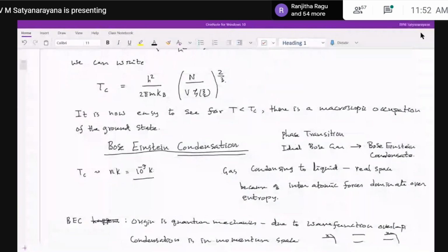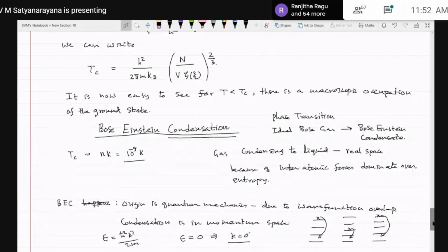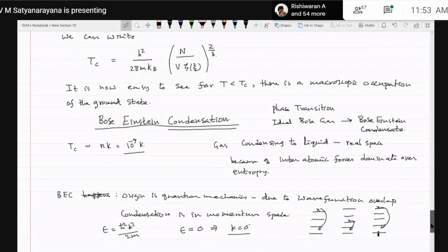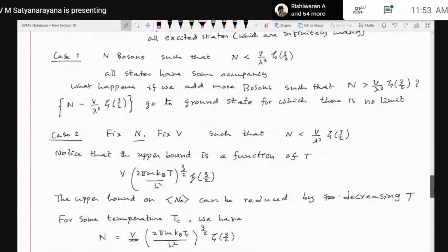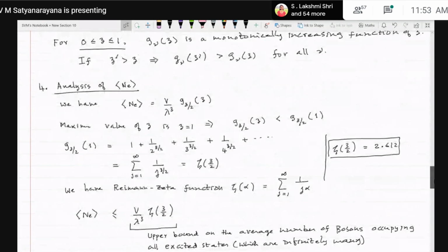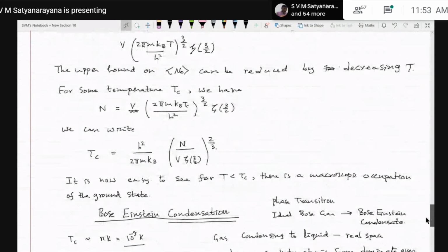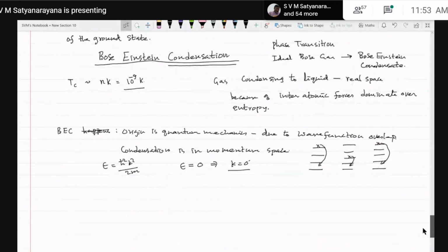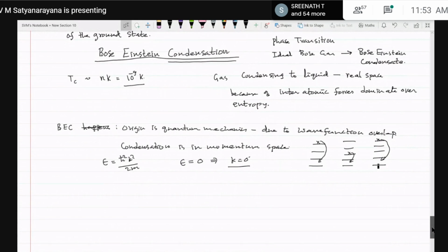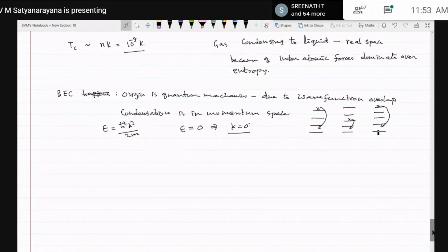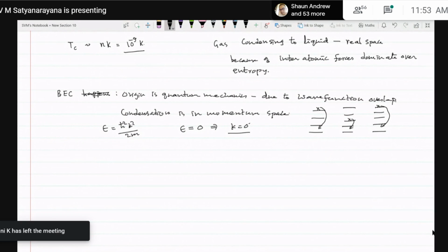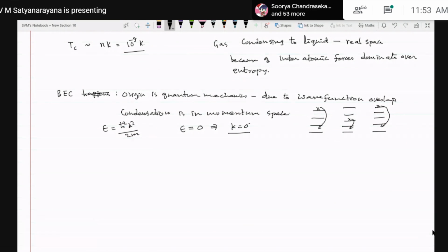Okay, so this is the nature of this transition. We can ask some simple questions, for example, BEC in other dimensions.